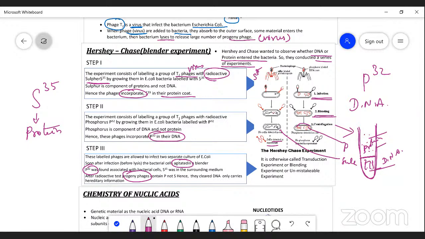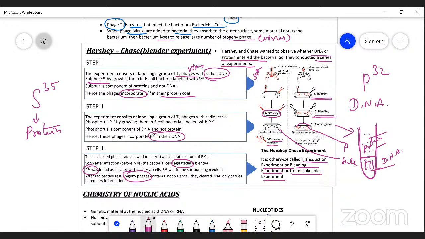So this is the Hershey and Chase experiment. It is otherwise called the transduction experiment, or otherwise known as the blending experiment, or otherwise we call it the unmistakable experiment. Because from this experiment, the scientists explained that only DNA, not protein, can pass from the virus to the bacteria. The sulfur material does not enter inside the cell because it is always present only on the outside of the bacterial cell.